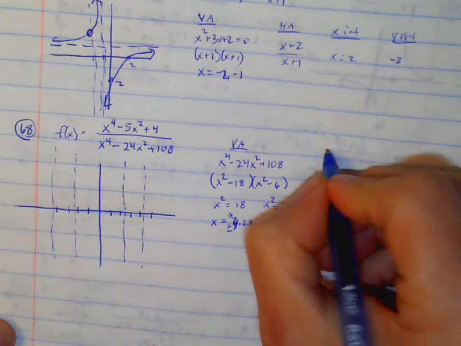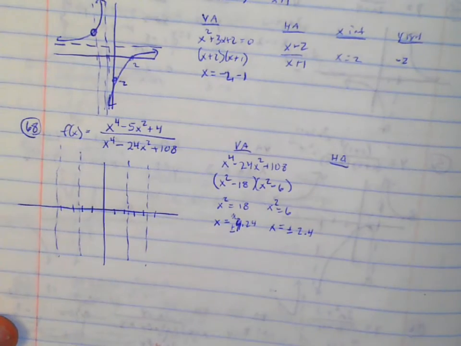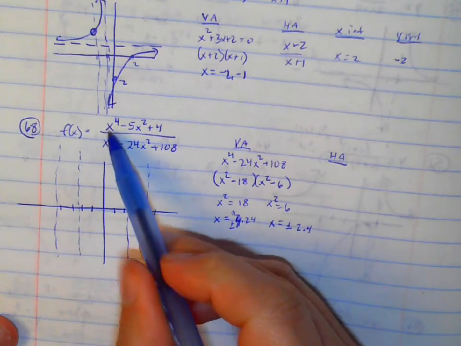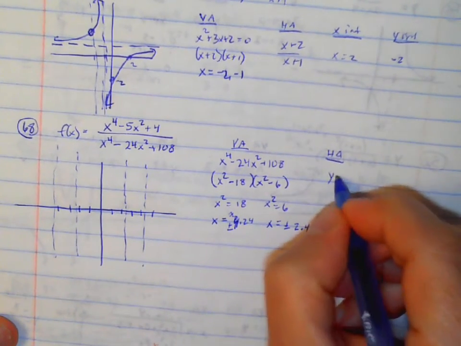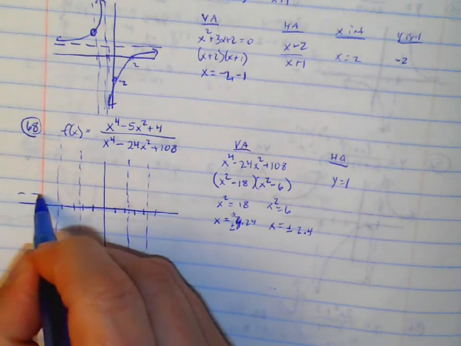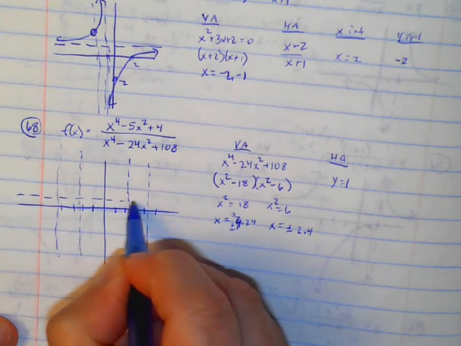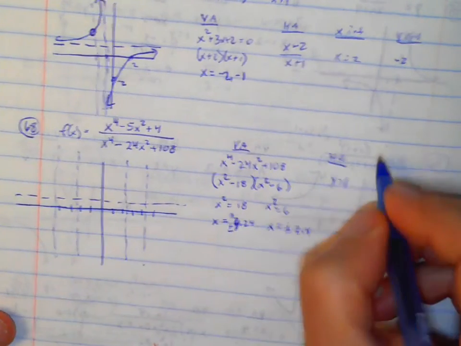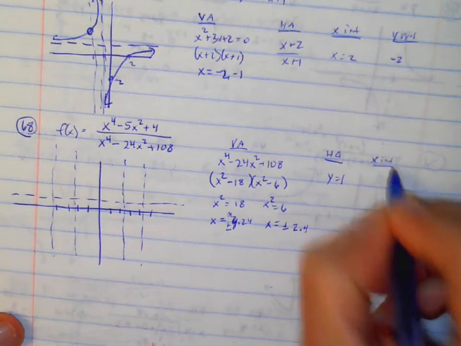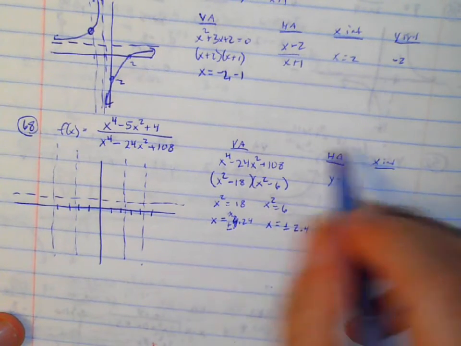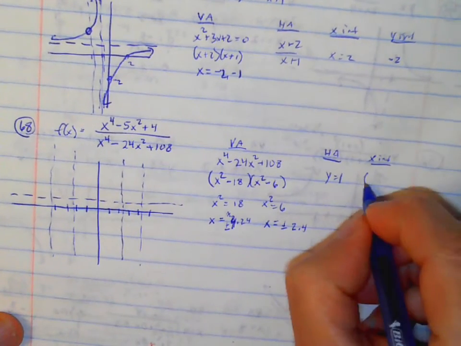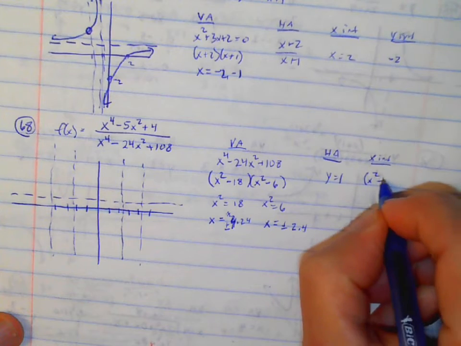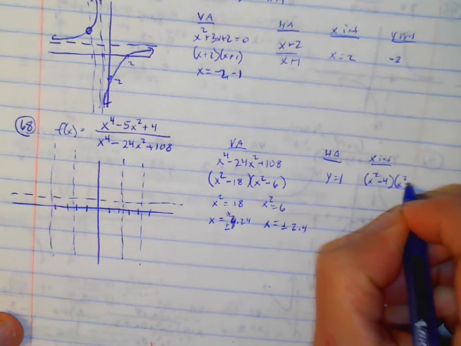For the horizontal asymptote, they're equal degrees, so 1 over 1, so y equals 1. So horizontal asymptote here. Okay, x-intercepts. Basically, you have to factor the top. It'd be x squared minus 4 and x squared minus 1.